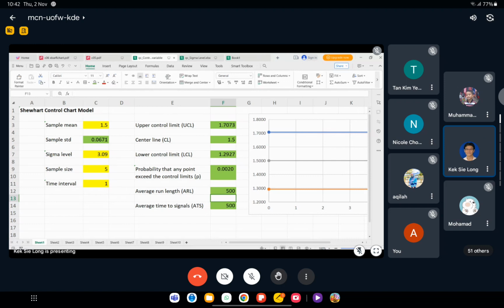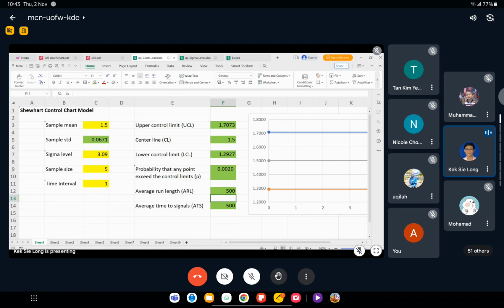Or is it confusing if I say sample? We have to be careful with the terms in quality control because sometimes we may feel confused. If I say observation or group, maybe we can say 500 groups.